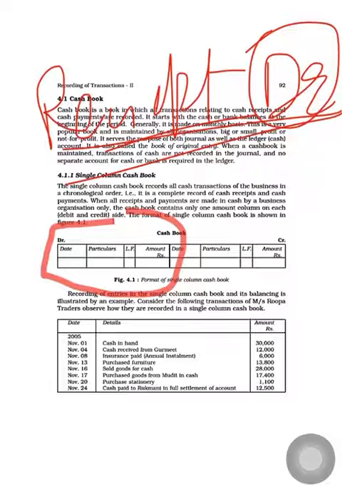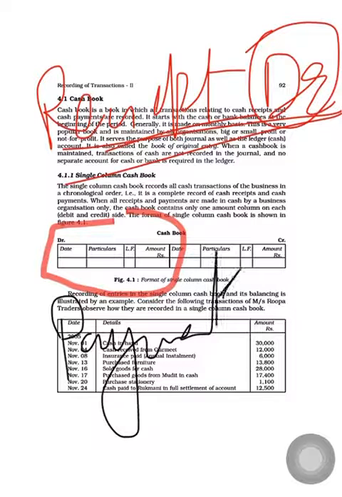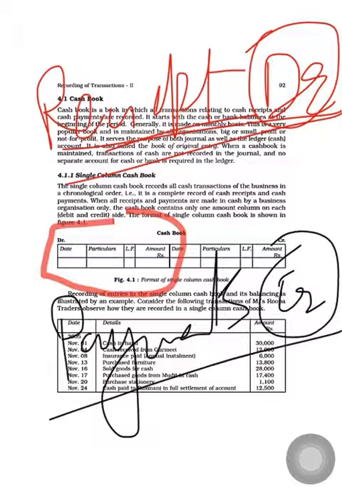On the credit side, we will write payments. All cash-related payments will be written on the credit side. So this is the basic format and method of preparing the cash book.